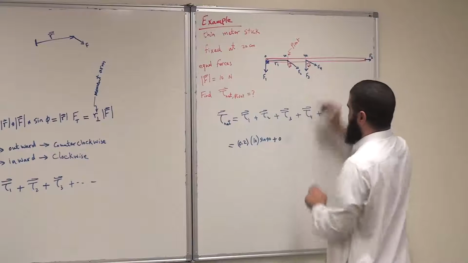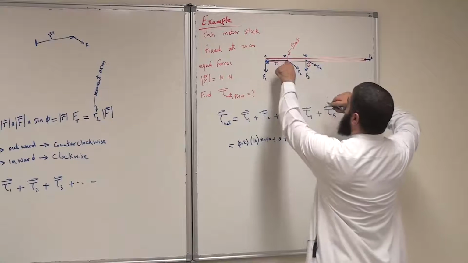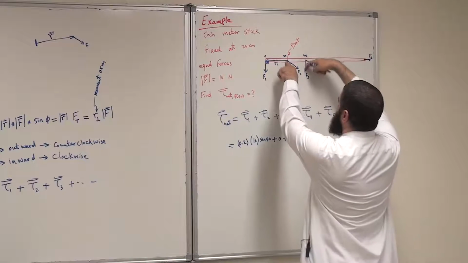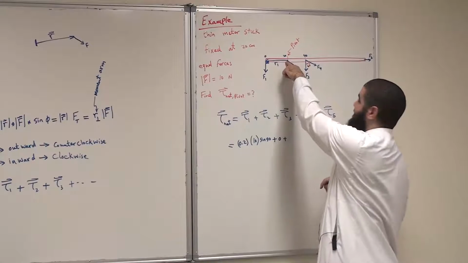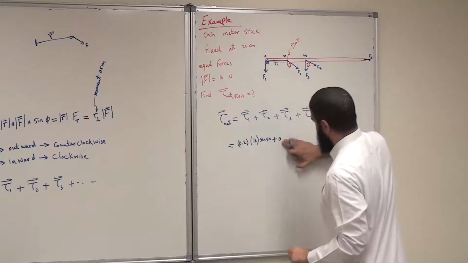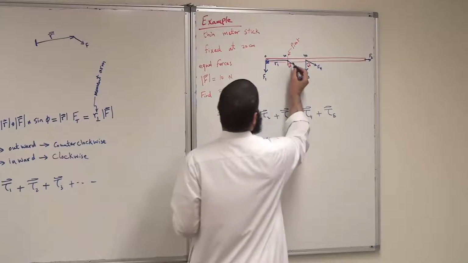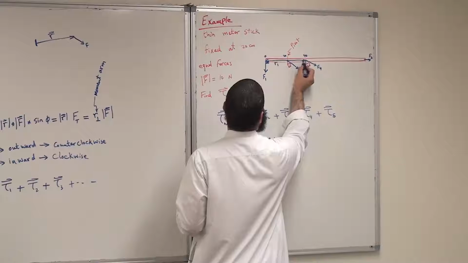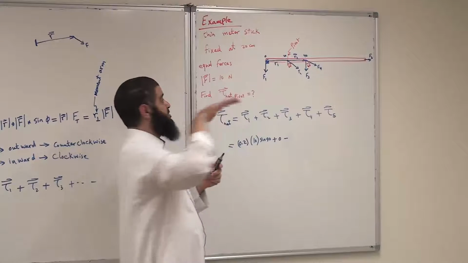Now, for F3, the force number 3, this is the pivot. Force number 3 is trying to rotate the object clockwise, so it should be negative. Another way: where is R3? This is R3. Use the right hand rule.